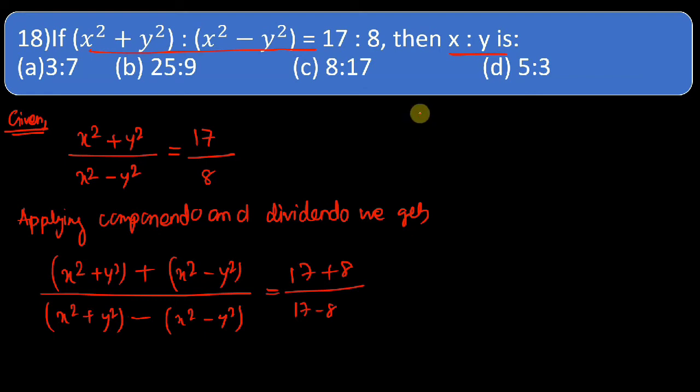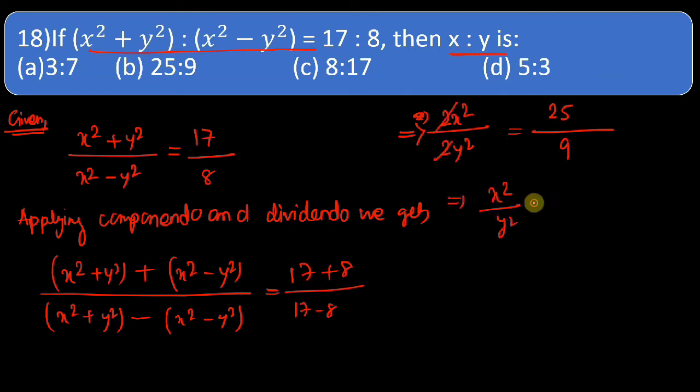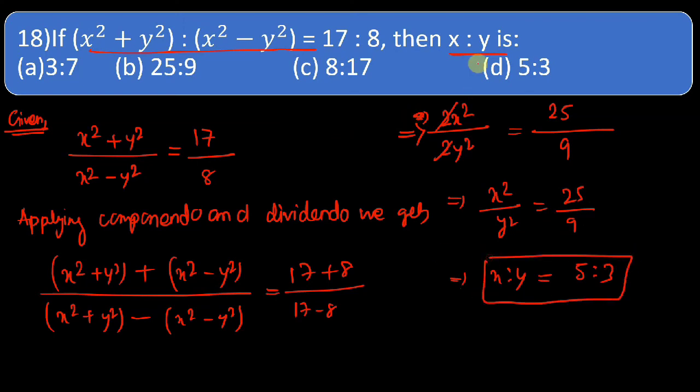So in the numerator we get 2x square, and in the denominator we get 2y square, as 25 by 9. So 2 and 2 get cancelled, that is x square by y square equals 25 by 9. We just take the square root and we get the respective value of x is to y as 5:3. So our correct answer is 5:3. Option number D is our correct answer.